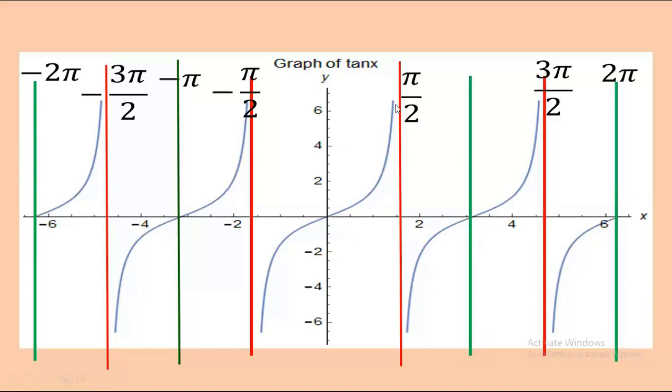Or we can consider this point to this point, this is the period. So the period of the tan function is pi. And another thing, you see this pi by 2, 3 pi by 2, minus pi by 2, minus 3 pi by 2, that is, odd multiples of pi by 2. These lines are known as asymptotes.